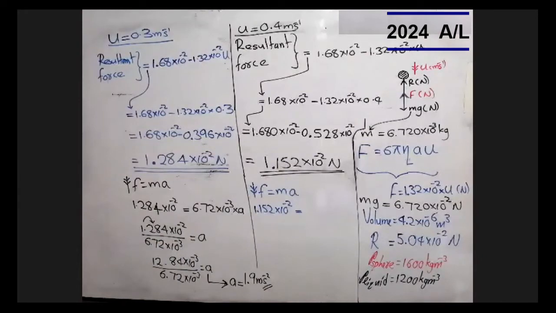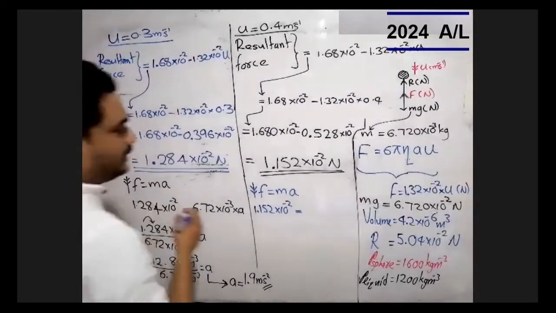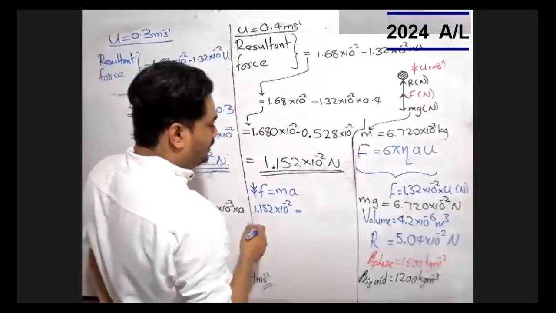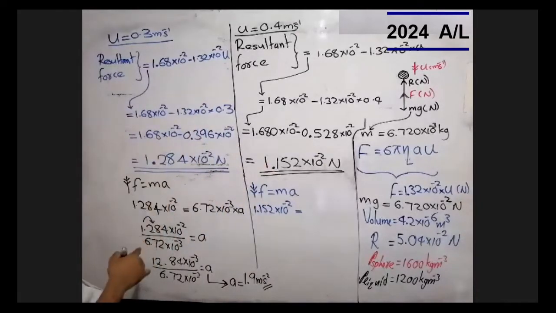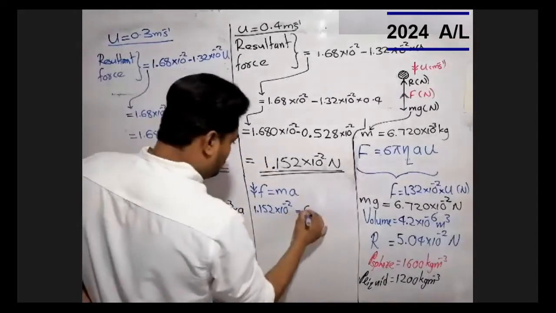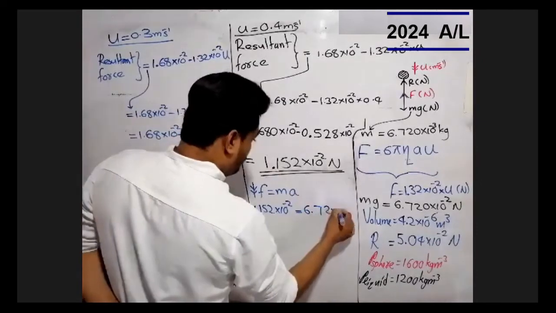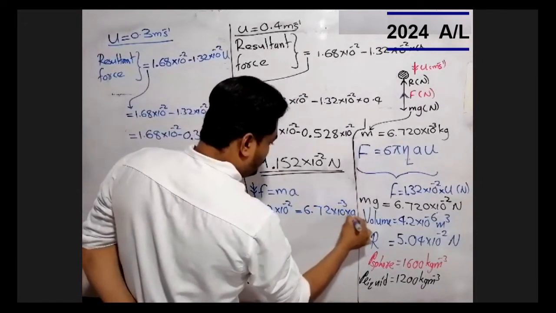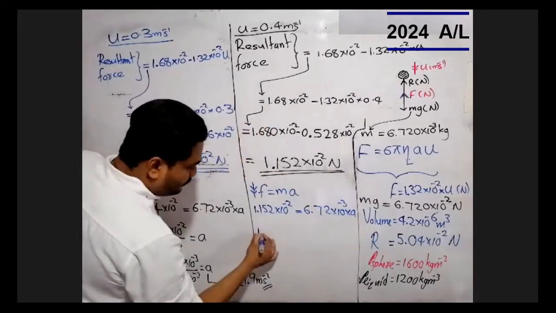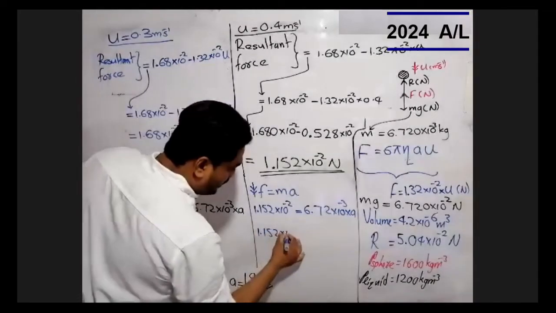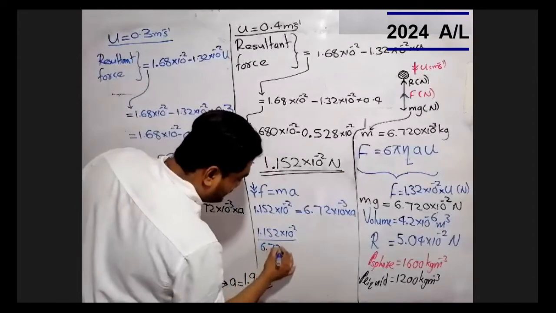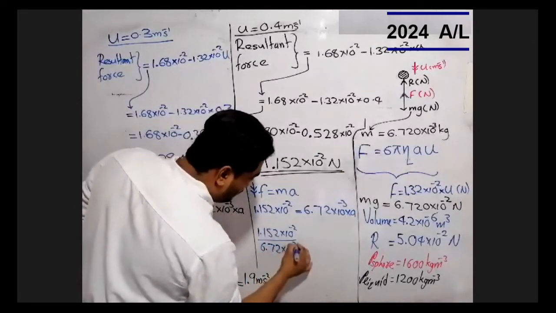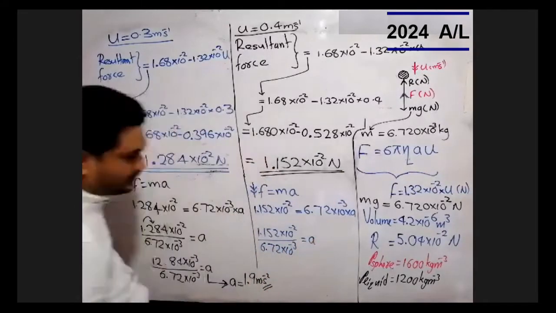F is the total downward force, 1.152 into 10 to the power minus 2, into the mass of the sphere, 6.72 into 10 to the power minus 3, into a. Let me take that to the side: 1.152 into 10 to the power minus 2 divided by 6.72 into 10 to the power minus 3 equals a.